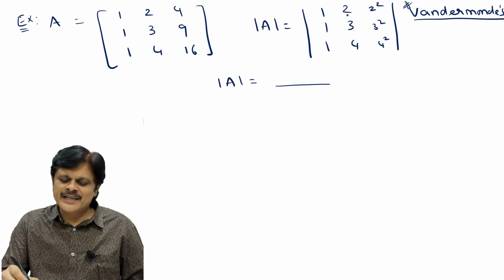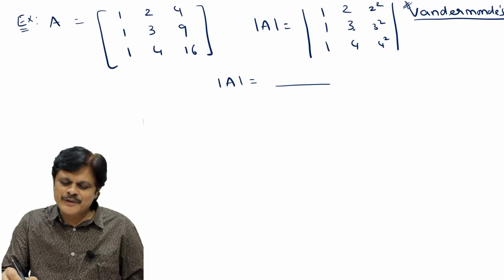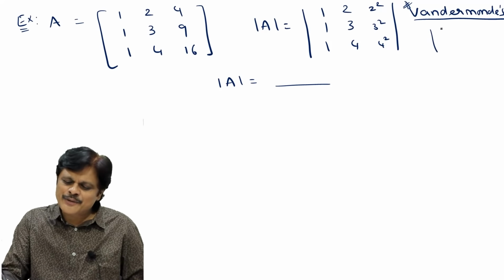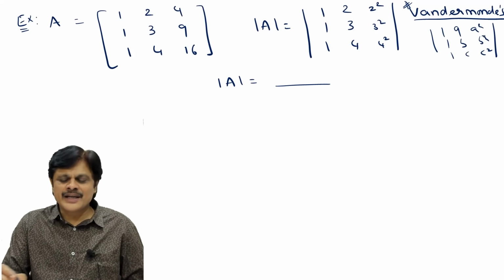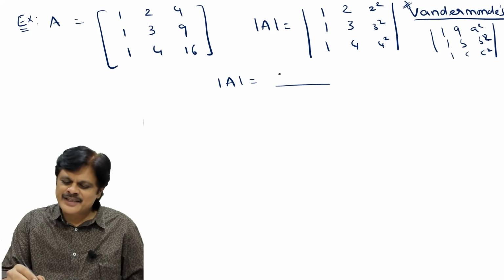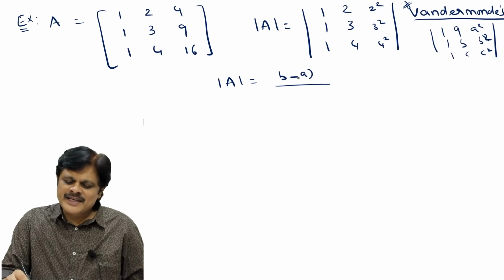Whenever you have this, you can simply see it like 1 1 1, a b c, a square b square c square. That is the format. The answer for this is simply (B minus A)(C minus A).